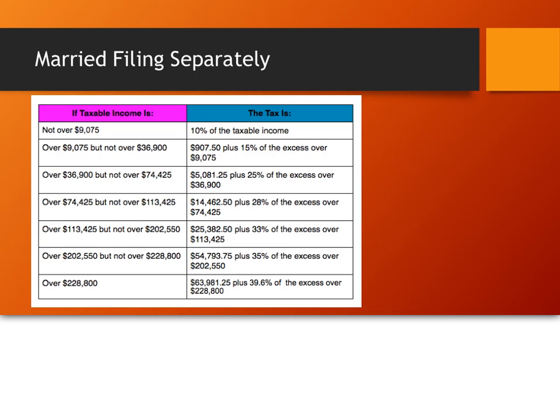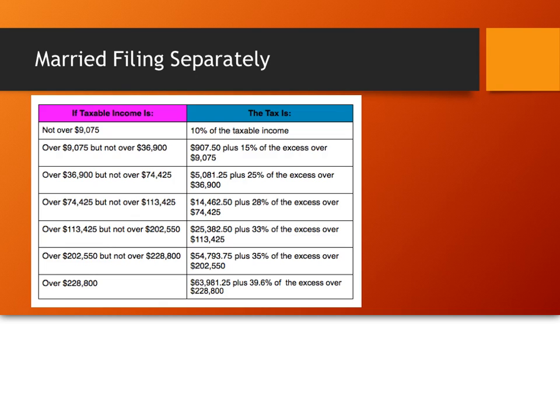Now, one thing you should know is the following. There are different tax brackets for different marital statuses. Okay? So the first two of those we looked at were for single people.